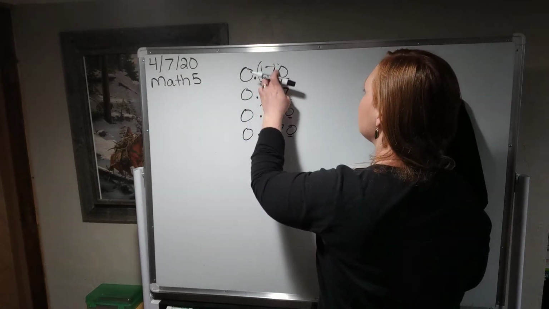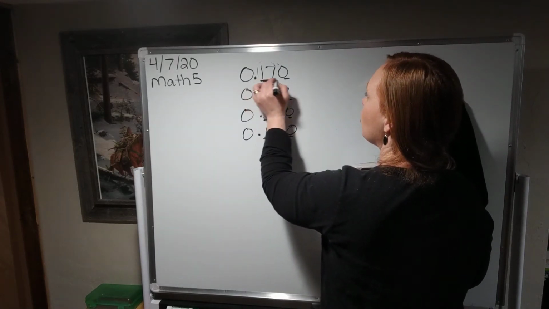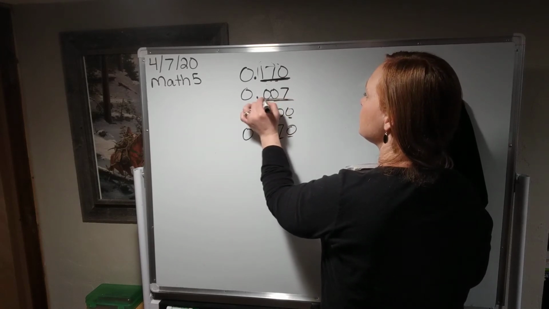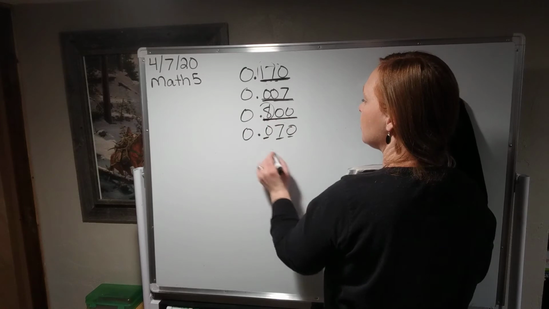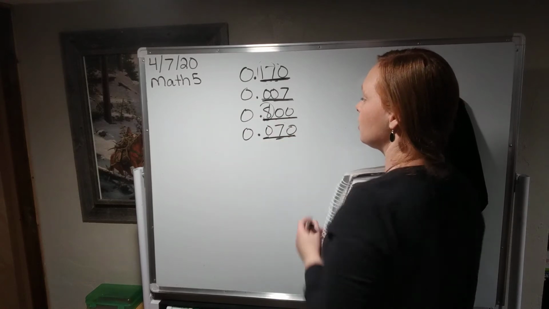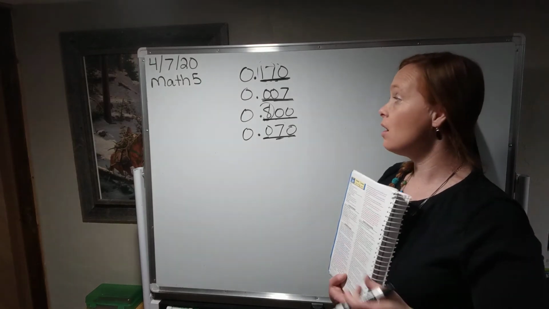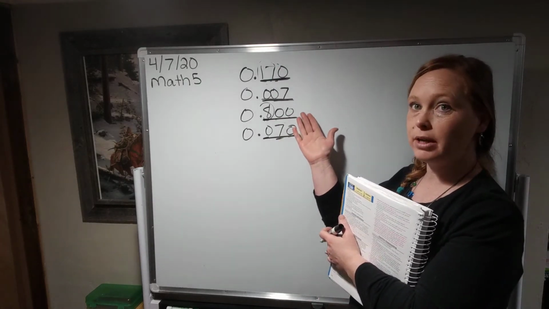Because really, once I get them all the same place value, I'm comparing this 170 compared to 7 compared to 800 compared to 70. Okay? So I hope you go, oh, I see that 800 is actually the biggest number here.